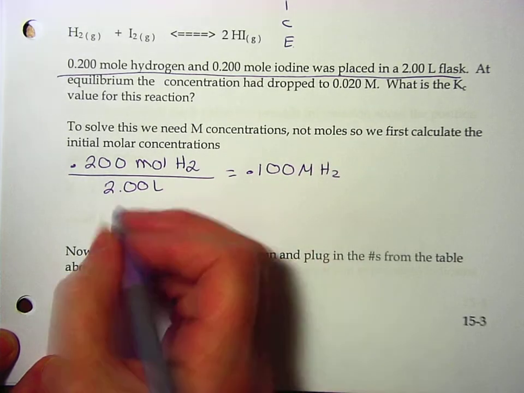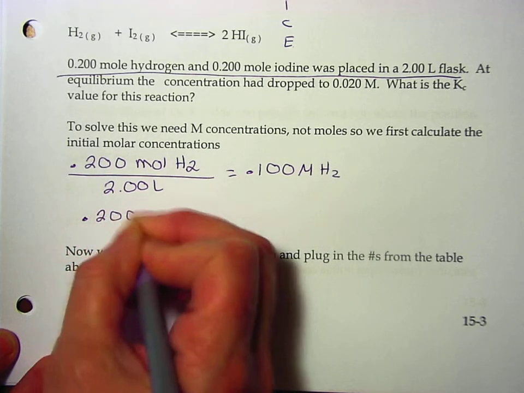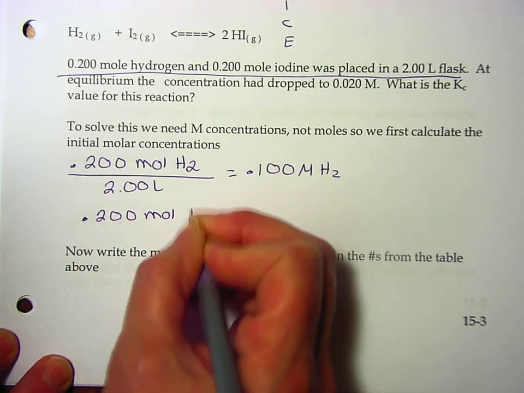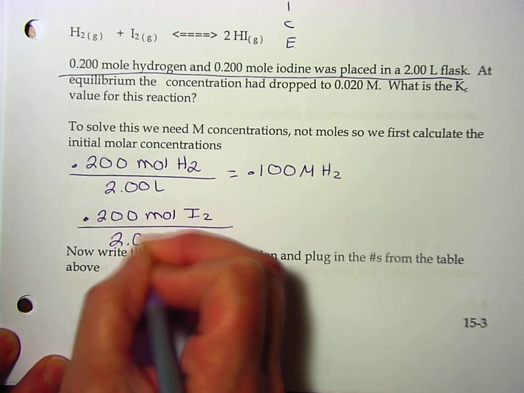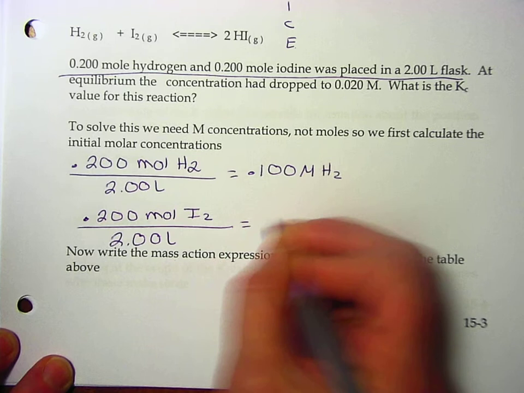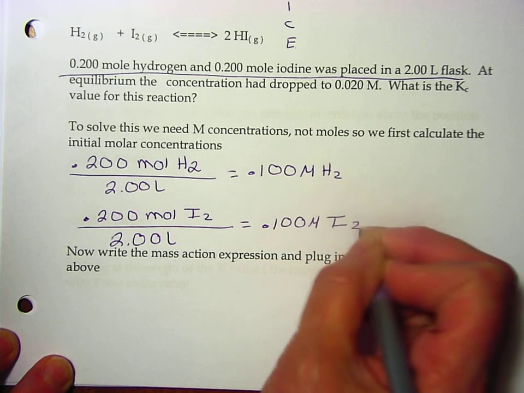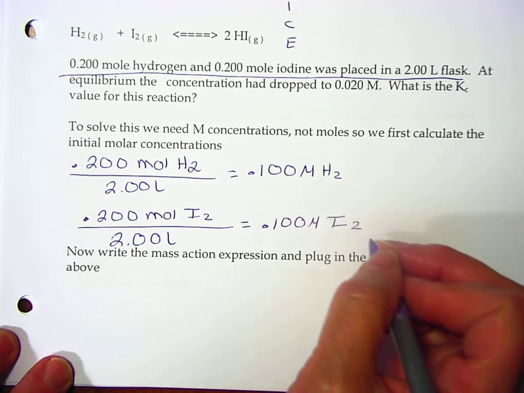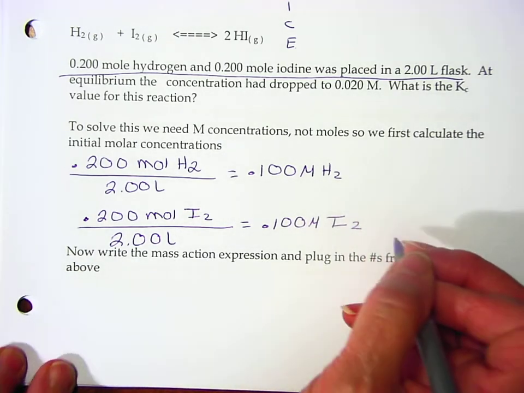Now I'll do the same thing for the iodine. 0.2 moles of iodine, and really it's just coincidental at this point that they are the same. Divided by 2 liters, that's not always the case, is 0.1 molar iodine gas. And you'll notice that these are both gases. This is not solid iodine. If it was, we wouldn't be including it.